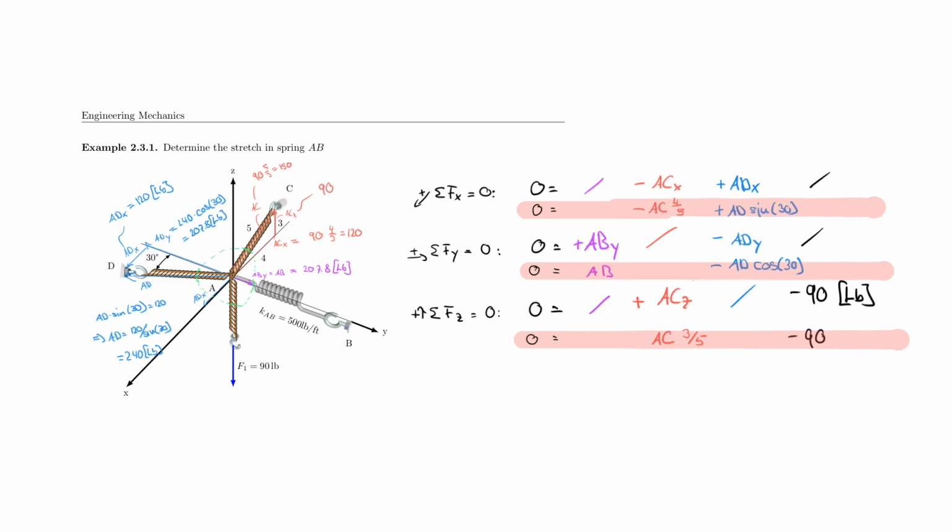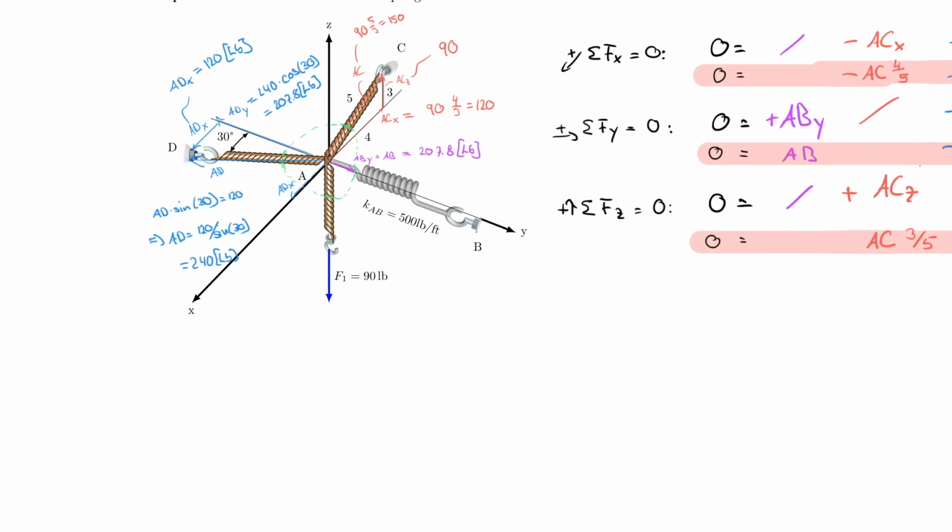So the stretch in the spring, stretch AB, is equal to... I always remember my formula that the force in the spring is equal to K times S. And so S is F over K, right? So what is the force that is acting in that spring?